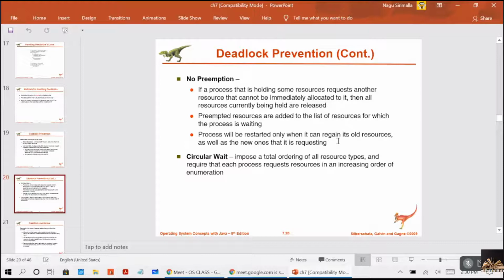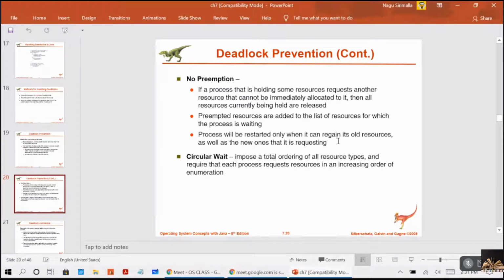Consider P1. First it requested resource R1, any 2 instances, and they were given to P1. But after that, it wants the resource type R2. R2 will be allocated to P1 only when the number of instances of R2 is more than the number of instances of R1.